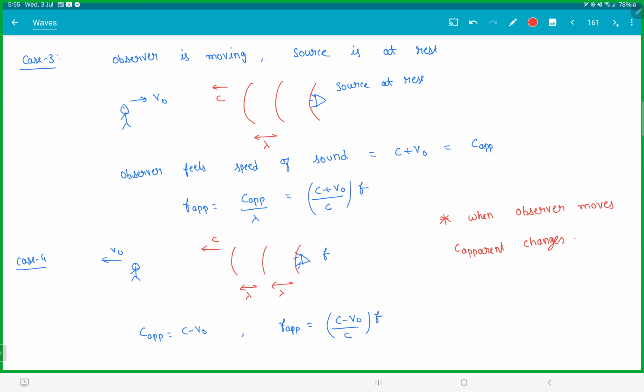So now we are going to combine these two cases, observer and source when both move. Clear?